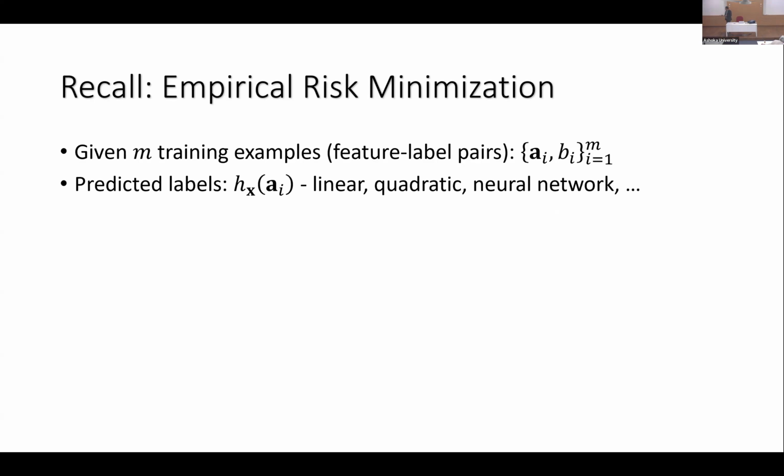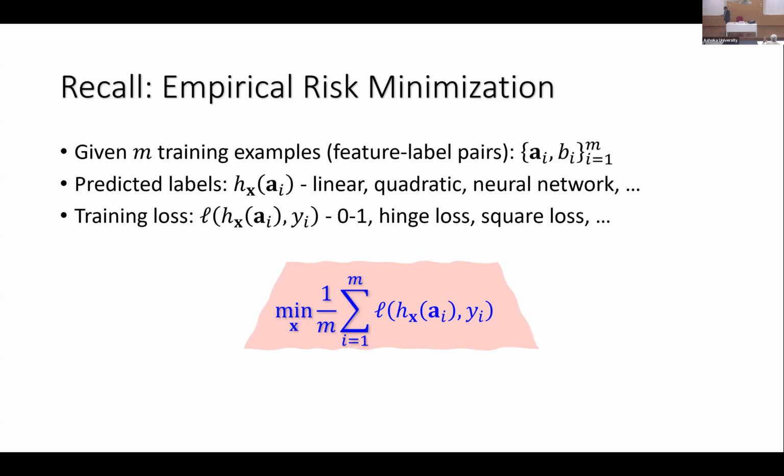Then the predicted labels are denoted as h_x of a_i, with x being the parameters or weights, and a_i being the feature from the specific data point. So if there is an image, you code it into a_i, or it can be text, whatever.